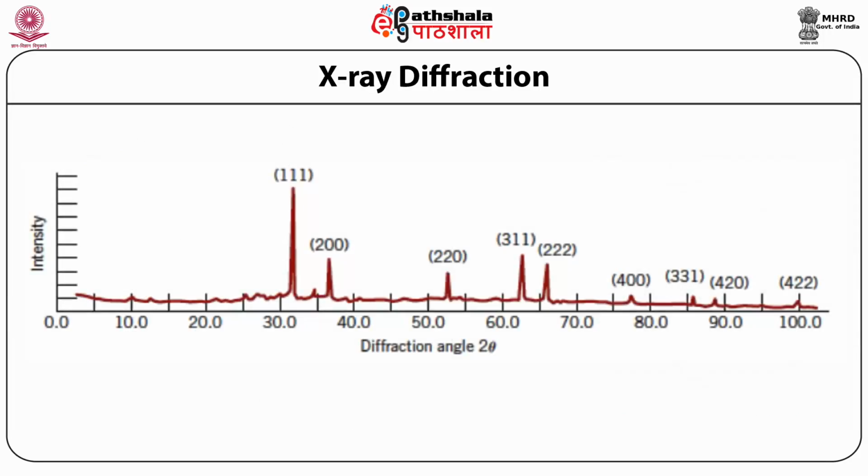This is another diffraction pattern of a different material, and here you see that the first peak is 111, the next is 200, and then 220. In the earlier diffraction the 200 peak was not there, but in this particular X-ray diffraction this peak exists, and there are several peaks which exist in this diagram and not in the earlier one, and also vice versa.